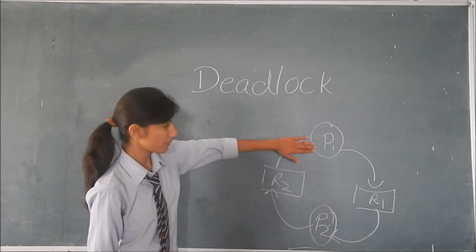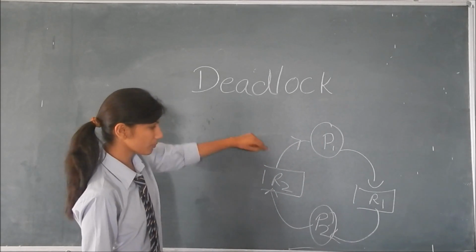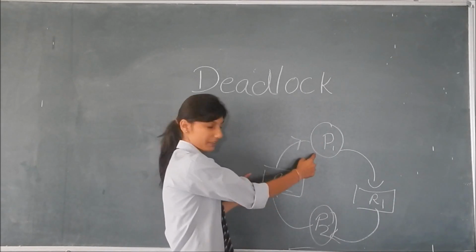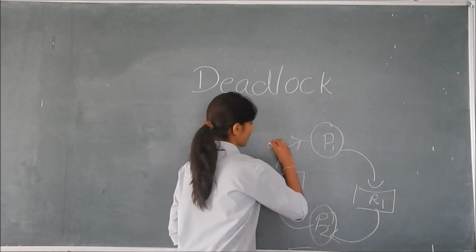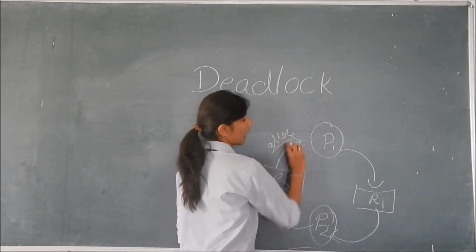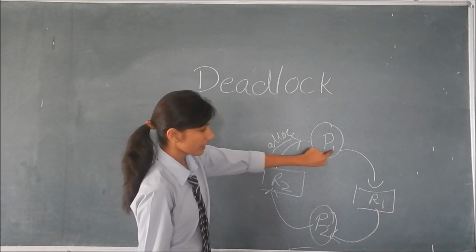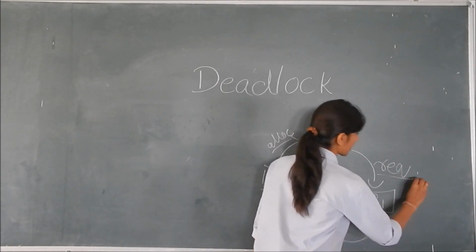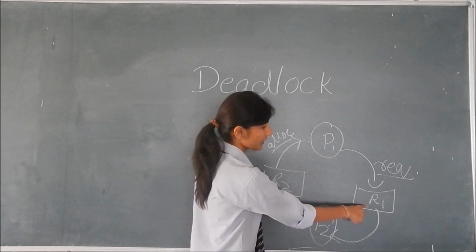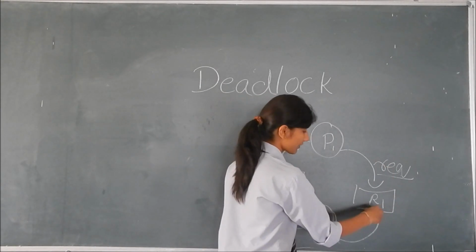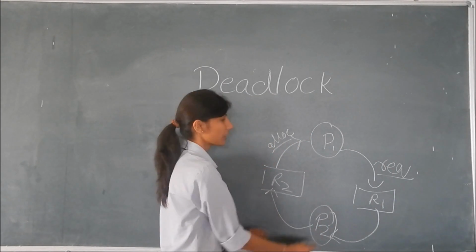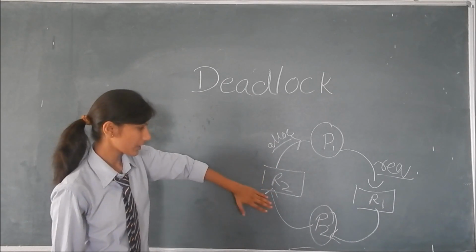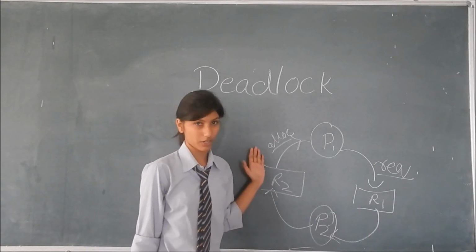P1 has resource R2 because the arrow goes from R2 to P1, which means R2 is allocated to P1, and P1 is requesting R1. Because the arrow goes from P1 to R1, that means P1 is requesting R1, which is preoccupied by P2. This process and resource diagram explains the deadlock condition.